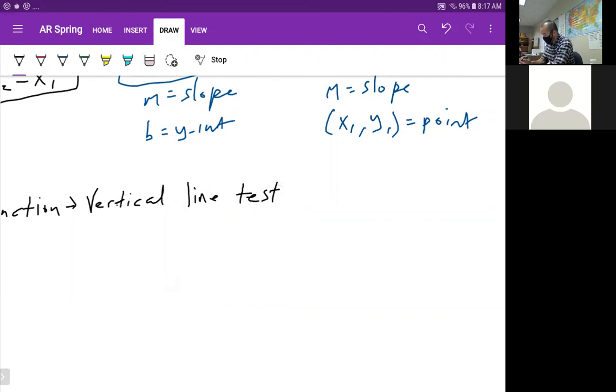So what that looks like, let's say you have some function here. So you have this graph.